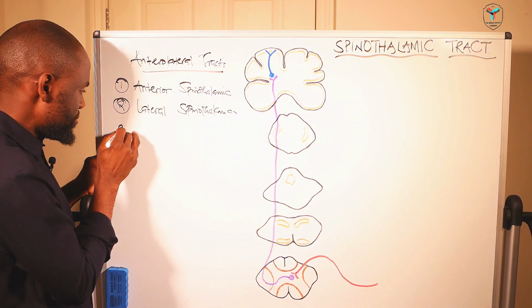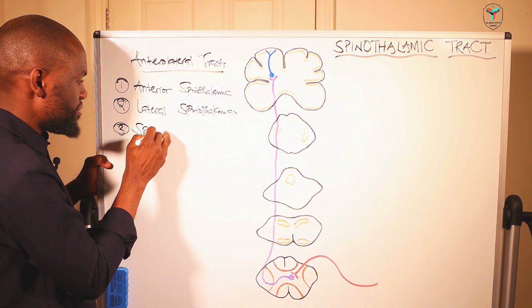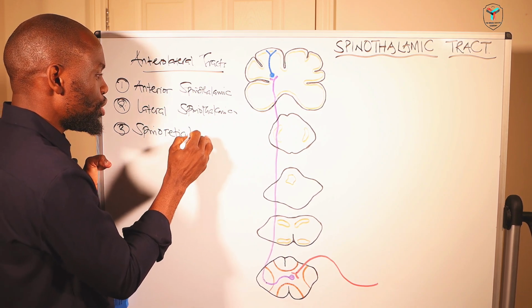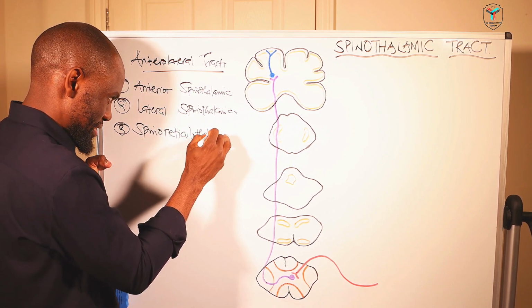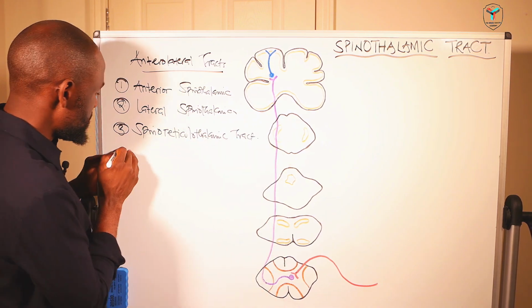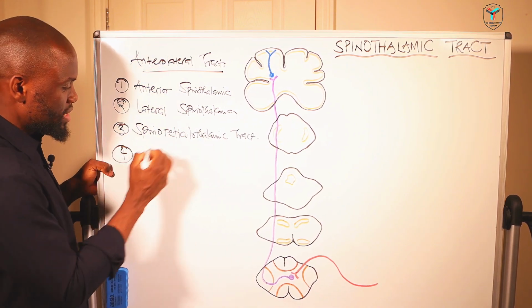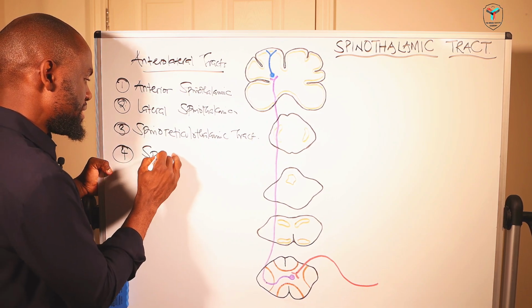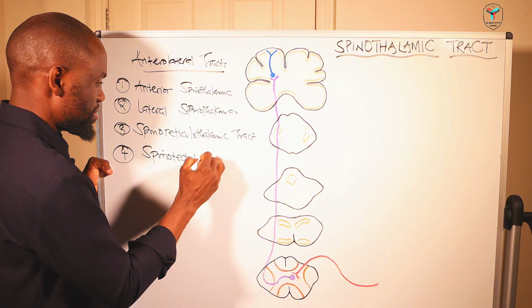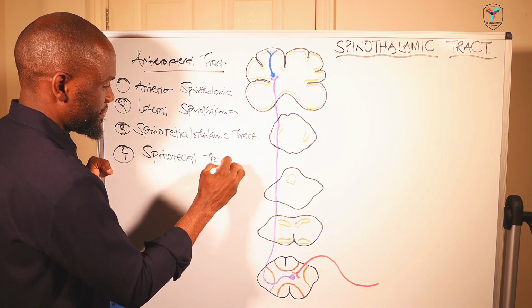And then at number 3, we will have what we refer to as the spinoreticulothalamic tract. That is our 3rd one. And then the 4th one is what we refer to as the spinotectal tract.